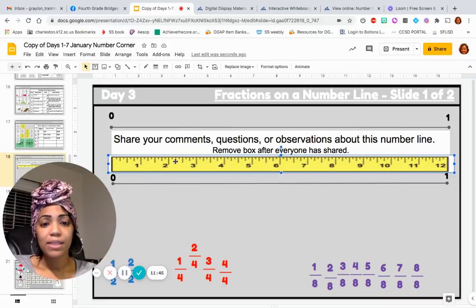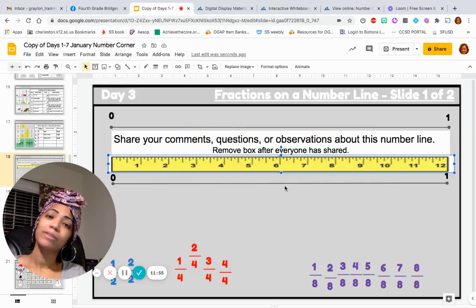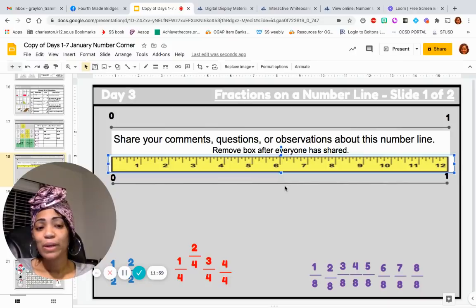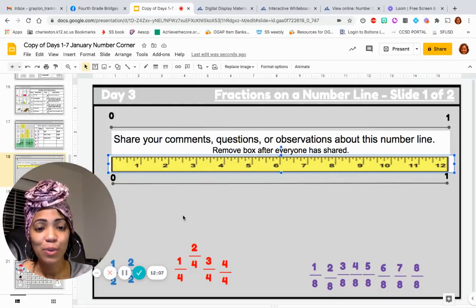So I'll put this ruler above the number line just to make some relationships between measuring conversions. We've done measurement conversions already, but it might also help us with labeling our fractions, okay? I want to put half. Where would the half go? Yeah, 6 inches, because half of 12 is 6.